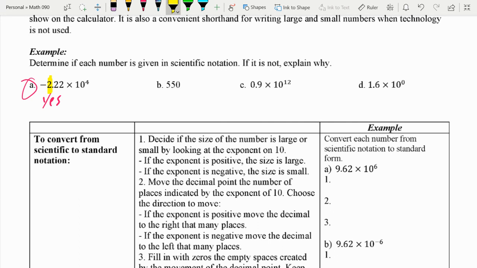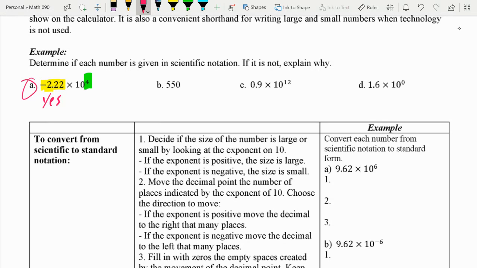Remember, we're not worried about the negative. And this n is a whole number. So yes, it is in scientific notation.